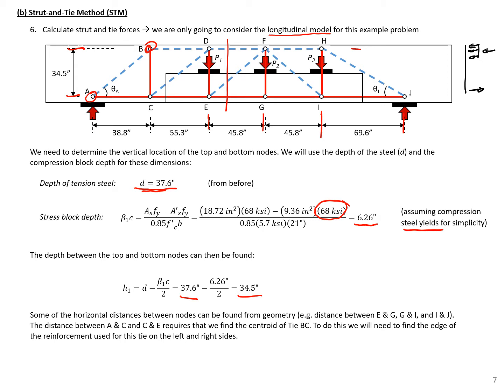The distance between A and C and E is going to be determined based on what reinforcement is engaged in that vertical tie BC, which we're going to look at in the next slides. But we need to use those dimensions here to determine our forces. So I'm including them here.